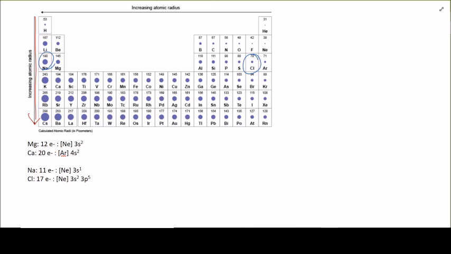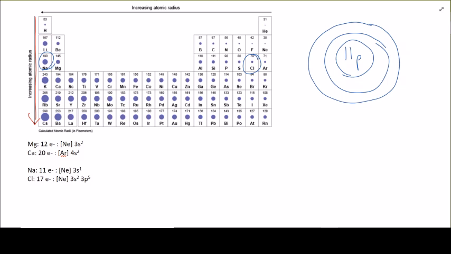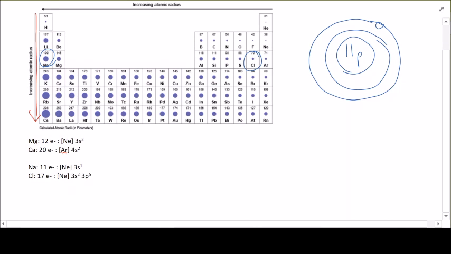So for sodium, it has 11 protons and 2 energy levels, and a third with 1 electron, giving it an effective nuclear charge of 11 protons minus 10 shielding electrons, an effective nuclear charge of 1 to this electron here.